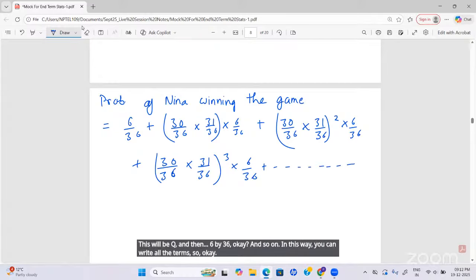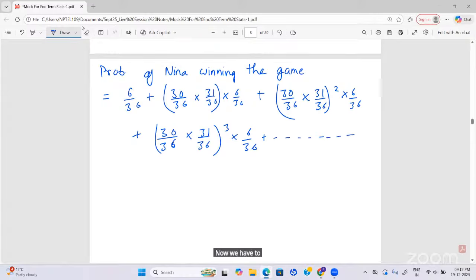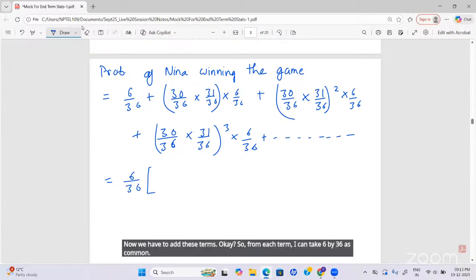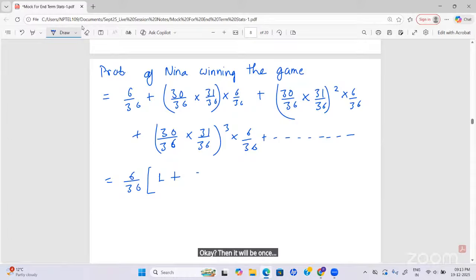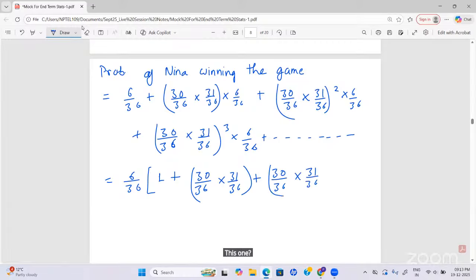Now we have to add these terms. From each term, I can take 6 by 36 as common. Then it will be 1 plus 30 by 36, 31 by 36, then this one, then it will be cube of it, and so on.